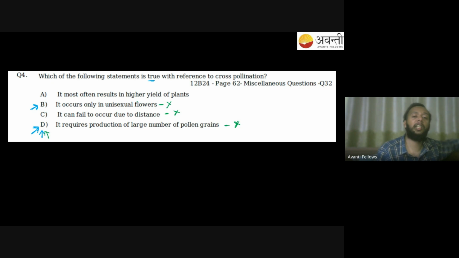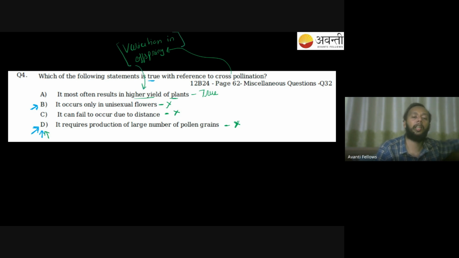It most often results in a higher yield of plants. Now that is going to be true because cross pollination can always give you variation in the offspring. And because you are getting variation in the offspring, we'll say that you have a higher yield of plants.